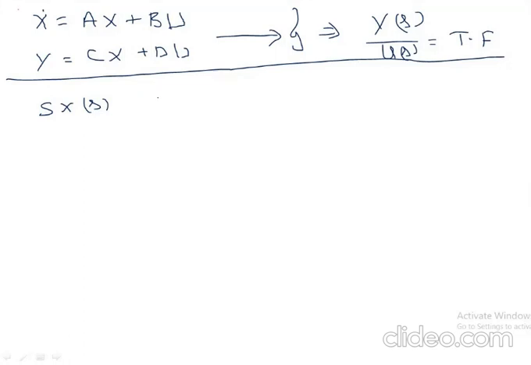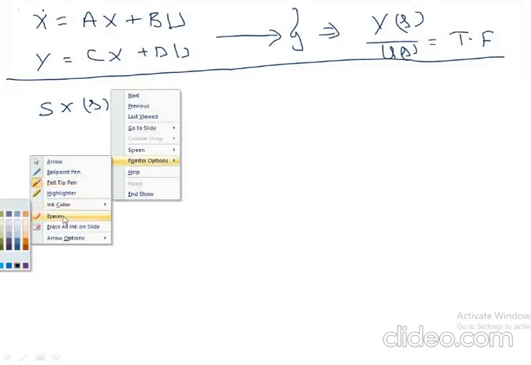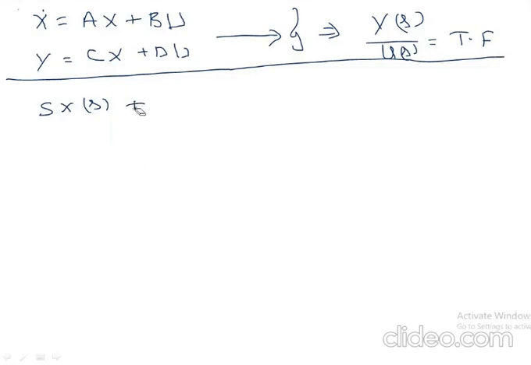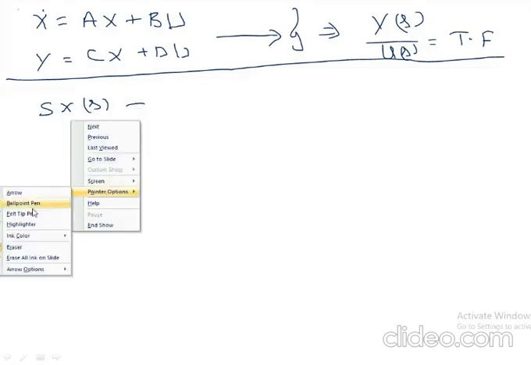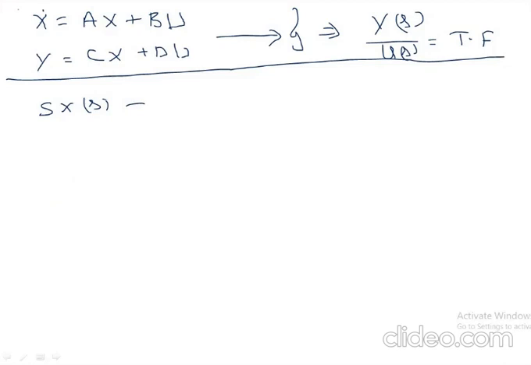First step is applying the Laplace transformation. Then x dot will become s into x of s, which is equal to a into x of s plus b into u of s.